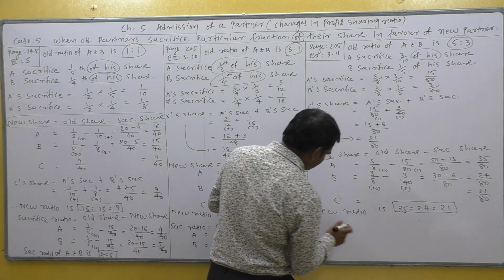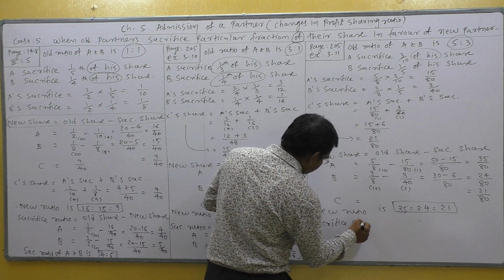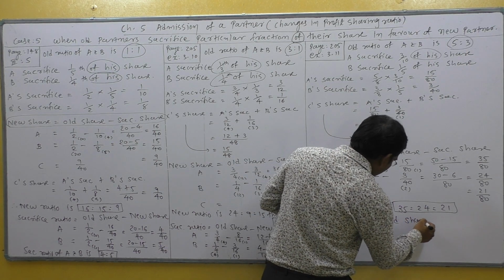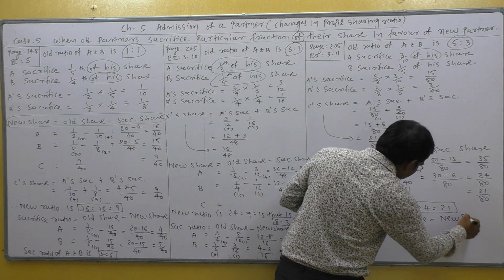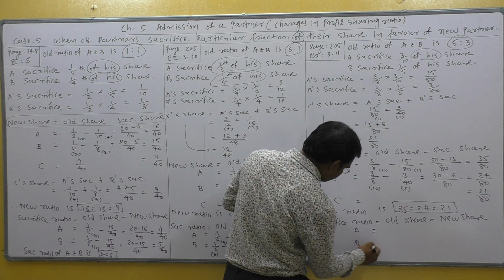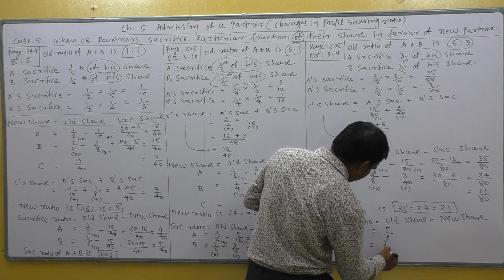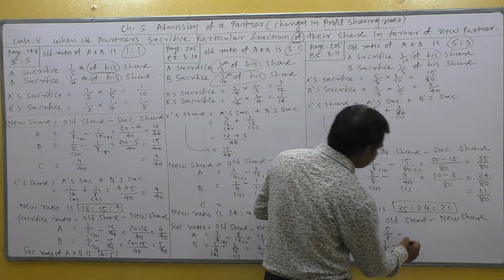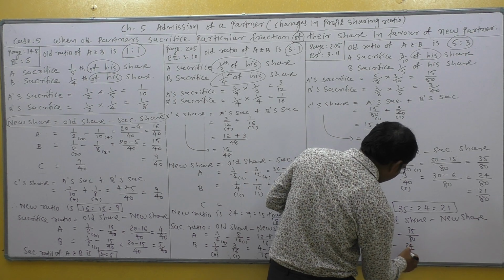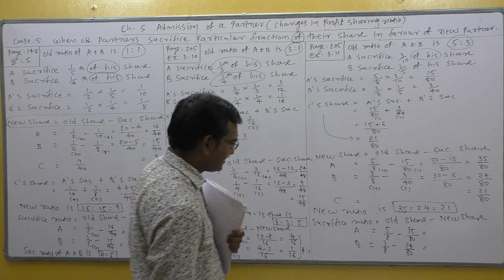And sacrifice ratio is equal to old share minus new share. So the sacrifice ratio of old partners A and B: old share is given here, 5 by 8, 3 by 8, minus new share. The new shares are 35 by 80 and 24 by 80. Now LCM 80.